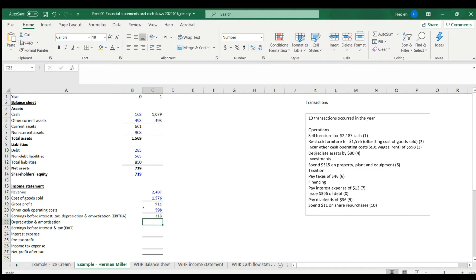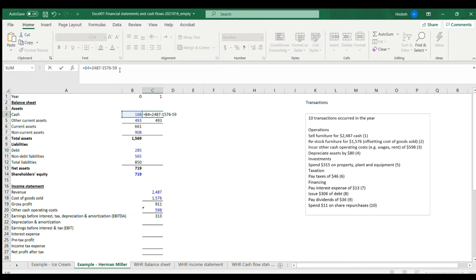Now let's go to the balance sheet. Because it is mentioned that the operating costs are paid in cash, it will affect our cash holdings, and it is going to be a cash outflow because you pay wages and rent to your employees or your landlord, right?